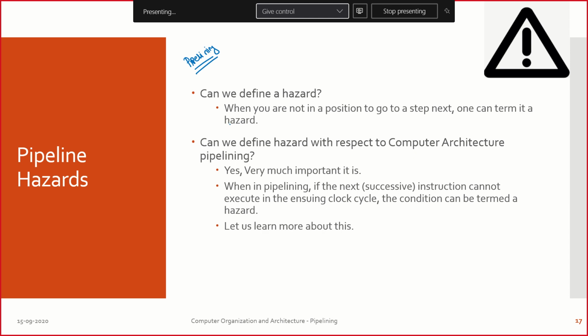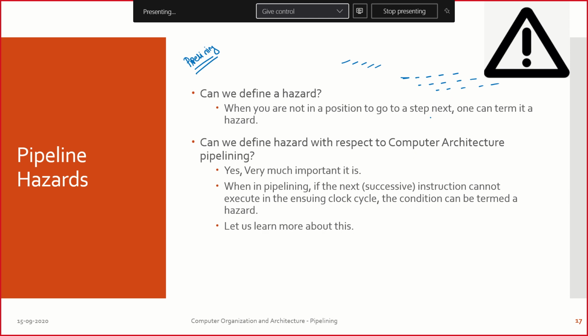Very simple. In pipelining, there are 5 stages: Stage 1, 2, 3, 4 and 5. Likewise, for every instruction it happens. If the next instruction cannot be executed in the next successive clock cycle, I call it a hazard. I have got the first instruction, with 5 stages. I have got the second instruction like this, and the third instruction like this.